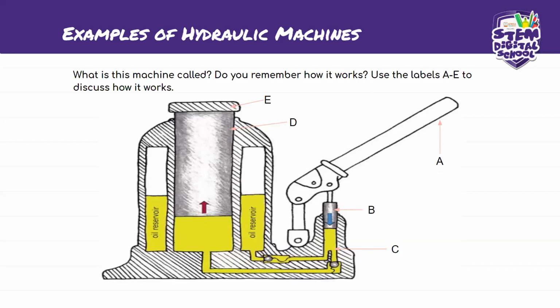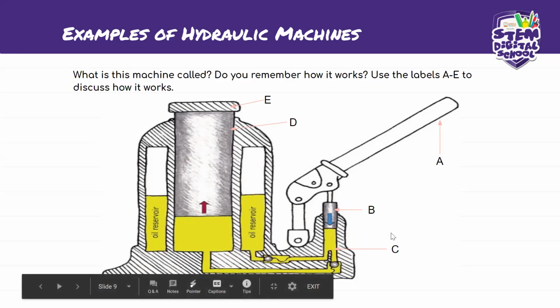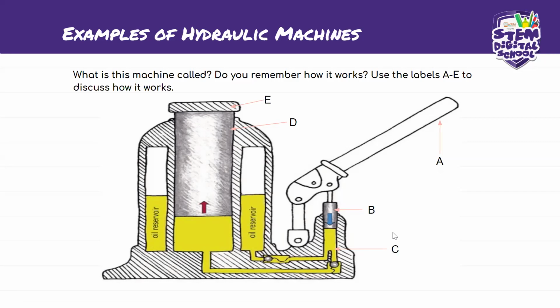We call it a? I'm giving you a clue. This is called a hydraulic machine. So what do we call this oil? A fluid. Hydraulic fluid. This is called hydraulic fluid.